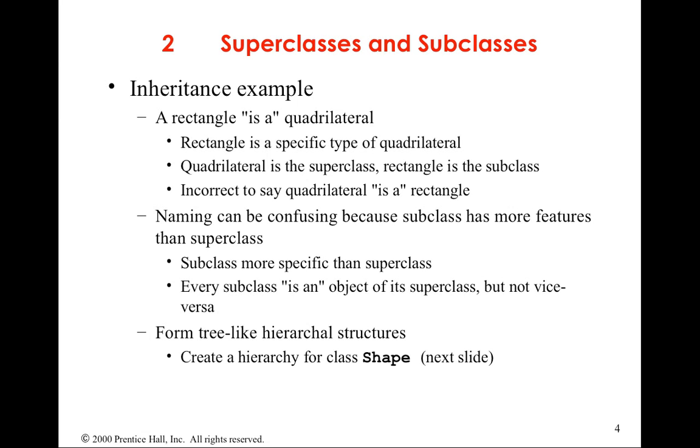And what we look at the bottom is the free-form tree-like structures created a hierarchy from shape. So shape would be the lower level. We could create a triangle, we could create a cone, we could create a square, a rectangle, all sorts of different things, and this is what we mean by inheritance, that they all root down to the same concept and that they have some concept in common.